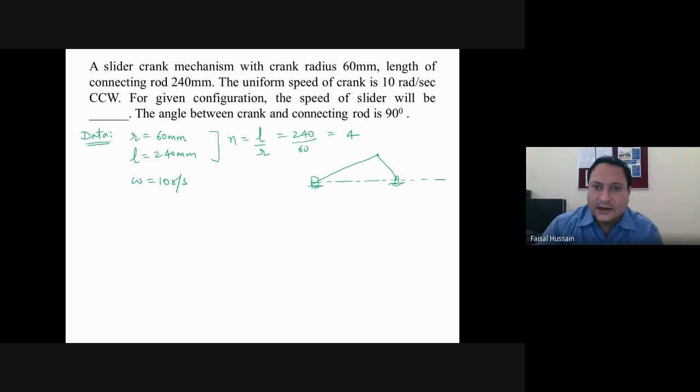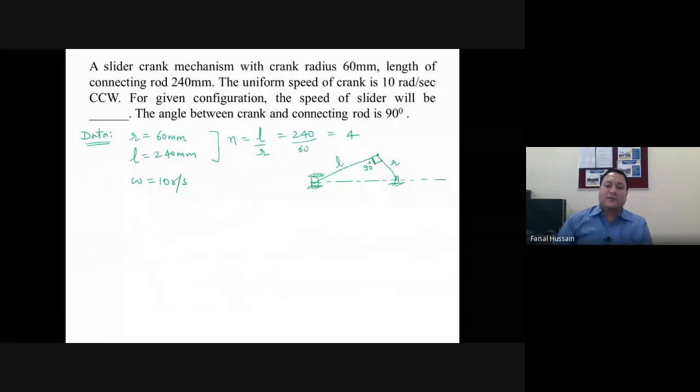This is the slider. This is crank R, connecting rod L. So between them, this angle is mentioned as 90 degree. This is given.